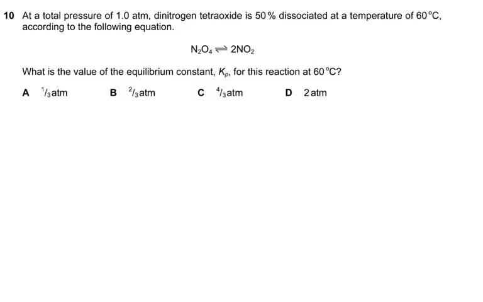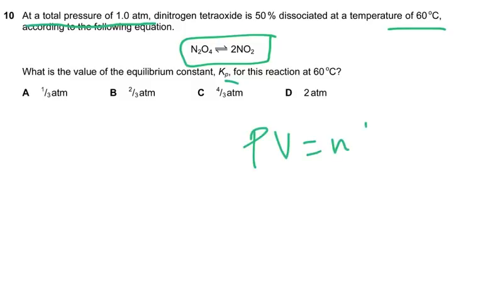Okay, so if you have paused the video and tried to work it out, you would have probably thought of several ways to solve it. You would have probably thought that at a total pressure of 1 atmosphere and a temperature of 60 Celsius, I can get the number of moles really easily, and from the number of moles, I can get Kp. But to get the number of moles, you need the volume because PV is equal to nRT.